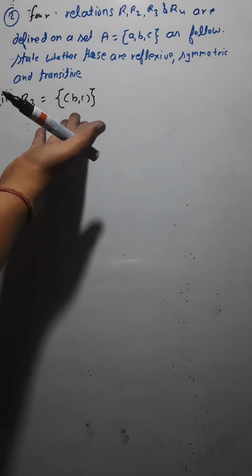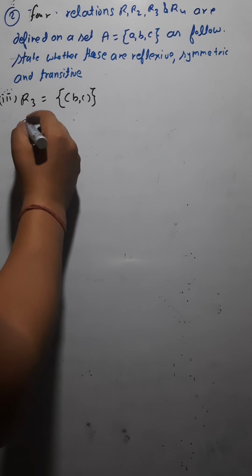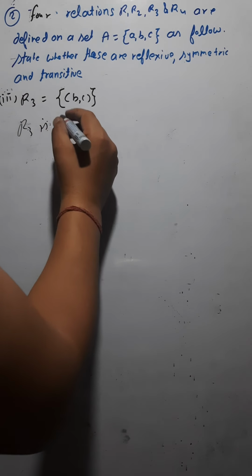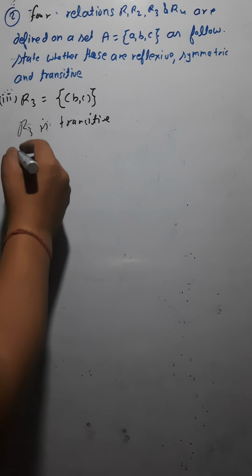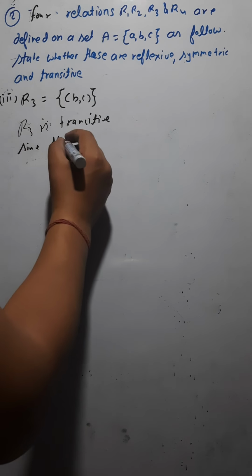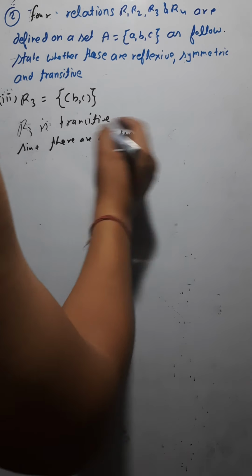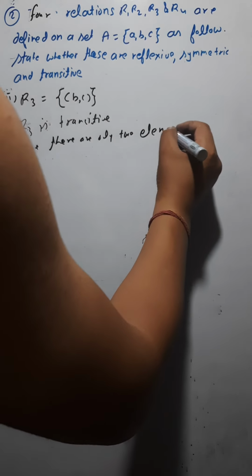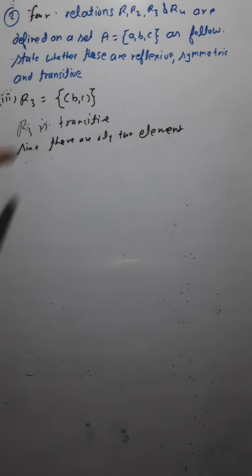Since again you have only one ordered pair, you would call this transitive. R3 is transitive in nature. Why? Since there are only two elements, that is b and c, with only one ordered pair, (b, c). Now the ordered pair is one, elements are two.